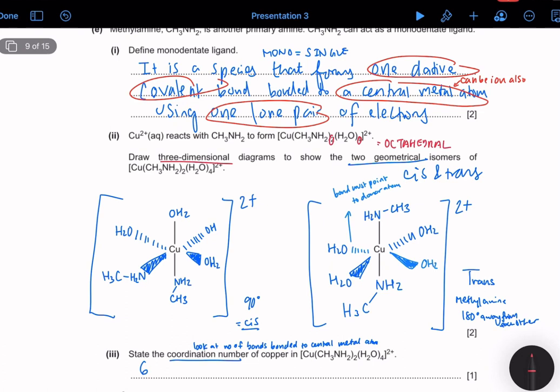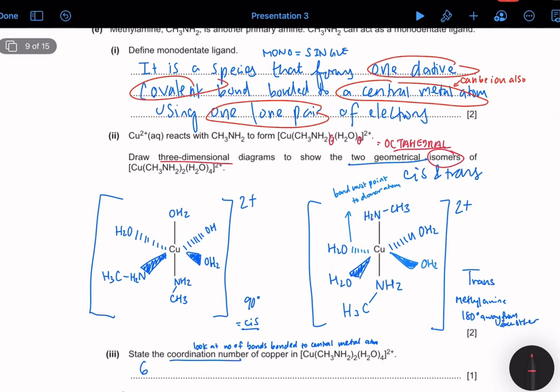So you have 2, 4, that's 6, that is octahedral. So that is the shape. Draw the 3D diagram to show the two geometrical isomers of [Cu(CH3NH2)2(H2O)4]2+. Usually for this, it's cis and trans.